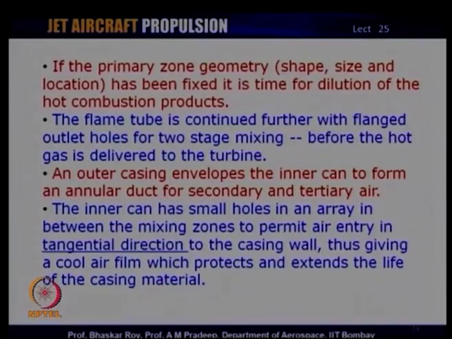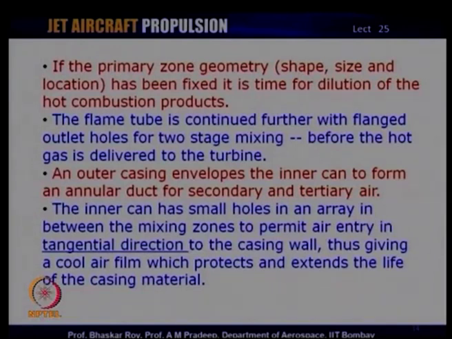The life of the turbine is essentially dependent on the combustion delivery, and this delivery is created by the mixing process, which may require two stages. That is, the tertiary zone may be required to ensure that the temperature going from the combustion chamber to the turbine is comfortable for the turbine.